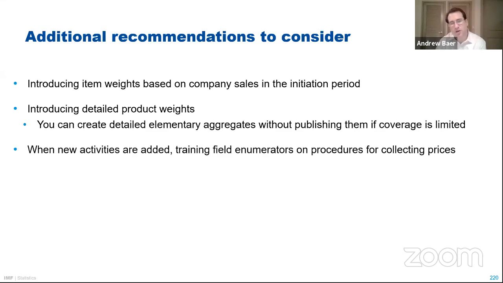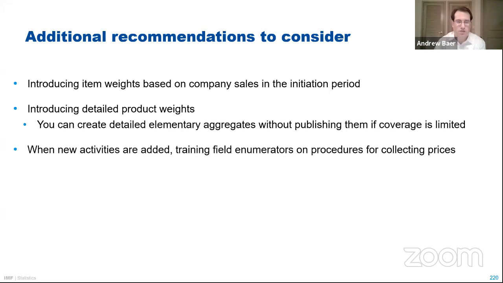And then finally, just some additional recommendations to consider. I think these are nice to haves, which you might consider in the future. We've talked about introducing item weights based on company sales in the initiation period. I think this is particularly important for certain activities where the prices for big companies very possibly will move differently than the prices for small companies.